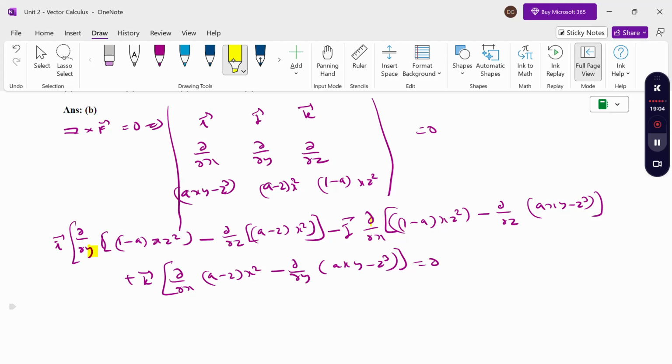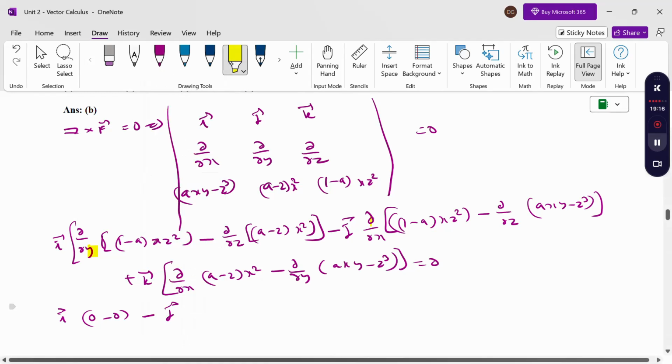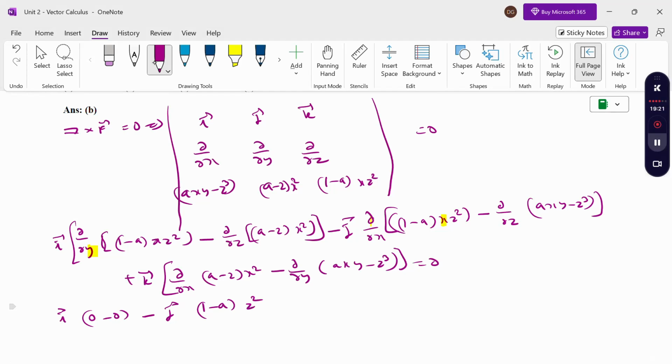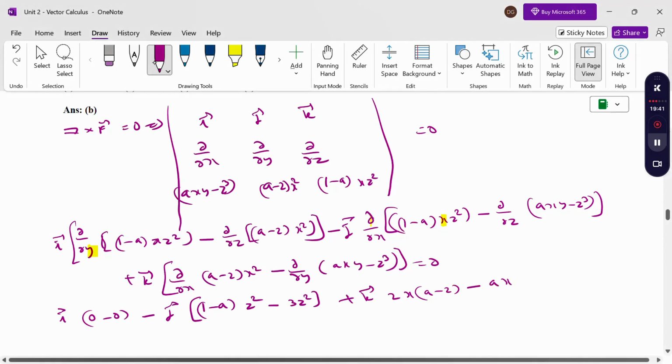Then here (a − 2)x², this term also 0, so i vector 0 minus 0, minus j vector, here x is the only variable, so the term is (1 − a)z², then ∂/∂z, first term 0 minus 3z², and then plus k vector, ∂/∂x of, so 2x(a − 2), and then the y term minus ax, other term 0, equal to 0.